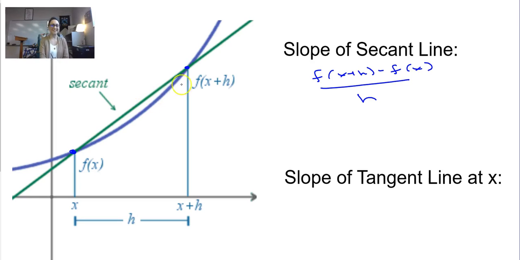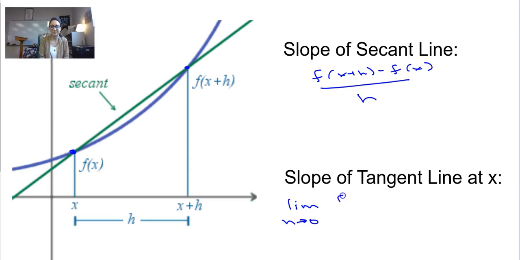But then remember, in calculus, our goal is really to find the slope of the tangent line, which is the slope at one point. And the way we did this was to force this distance h to approach what? Do you remember? To approach 0. So we want this distance to become infinitesimally small. So the slope of the tangent line is this difference quotient as the limit as h approaches 0.